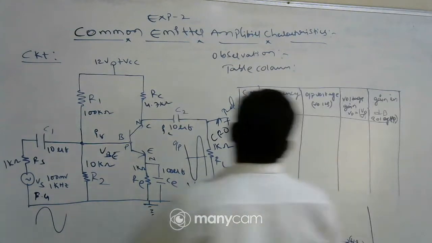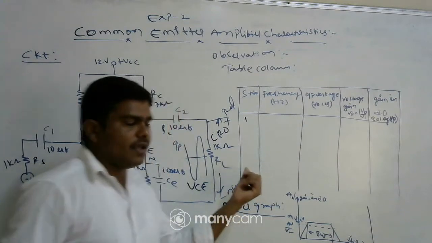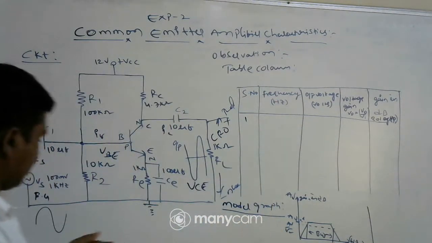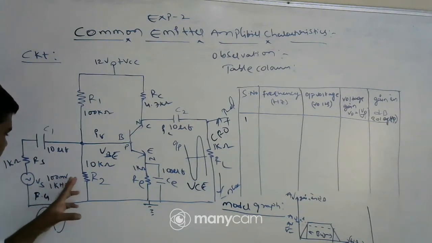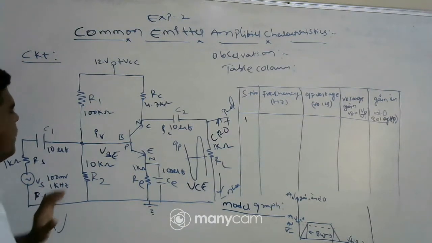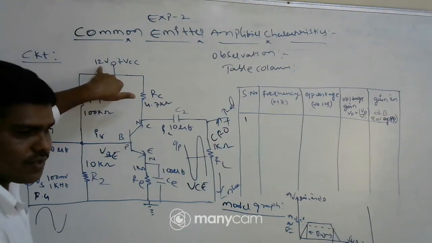And here we have to vary the frequency. This is the procedure I am explaining. First, we have to set the signal with this amplitude and frequency, that is 100 millivolts with 1 kilohertz frequency, and apply the bias voltage of 12 volts VCC.